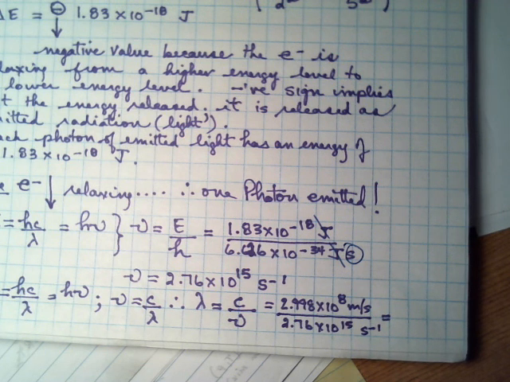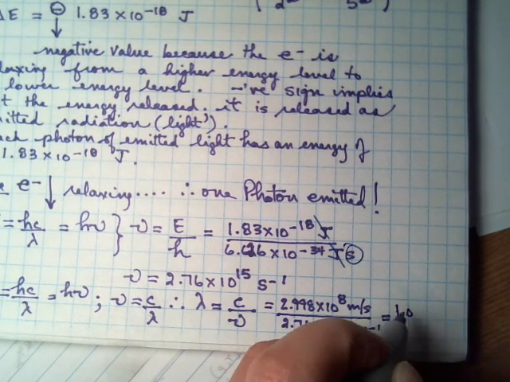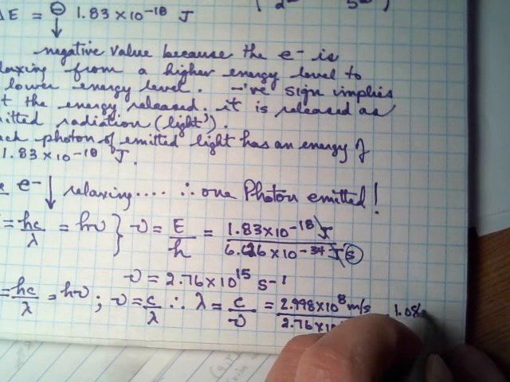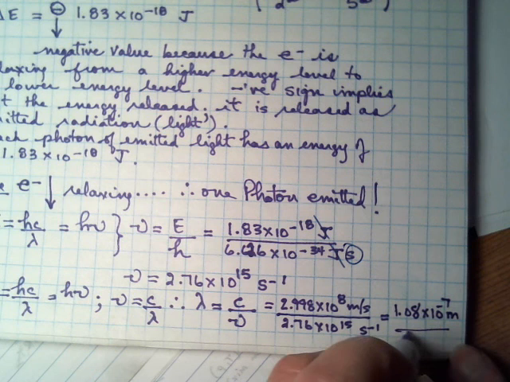Okay, calculator back, 2.998 exponent 8 divided by 2.76 exponent 15. And I get 1.08 times 10 to the minus 7 meters.